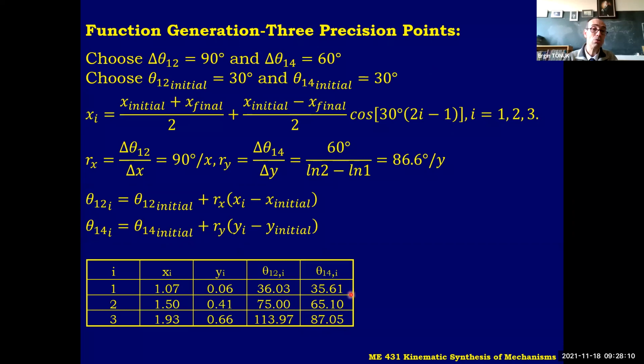So I'm going to solve Freudenstein's equation for these three pairs of crank angles, where y equals ln x in terms of these angles are satisfied exactly. And in between, I hope the error to be small, which will be true, okay?